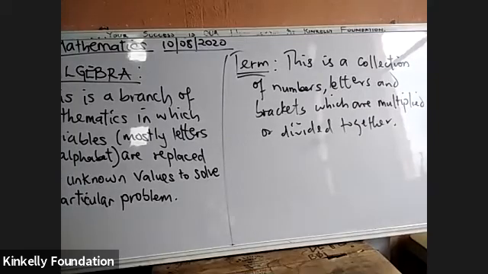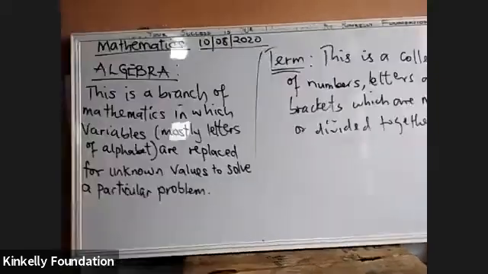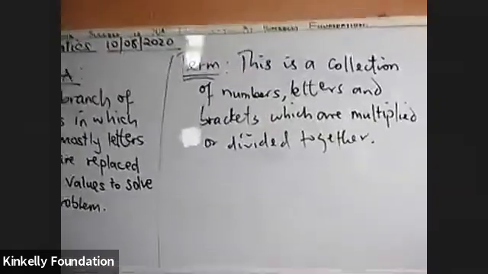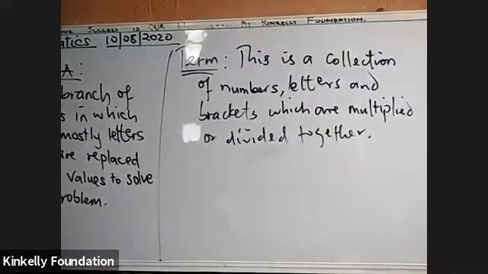Now let us explain better what we mean by this. You see that a term is a collection of numbers, letters, and brackets which are multiplied or divided together.